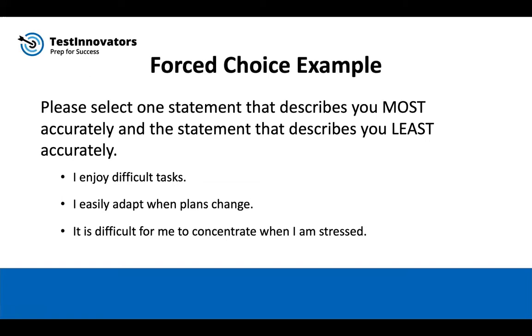That may even be an interesting thing for you to see as a parent, but it's really all about which of these things they think are most like them and least like them. So you may be interested to see what the results show, and if they match your understanding of your student's character skills. So that's a forced choice question.